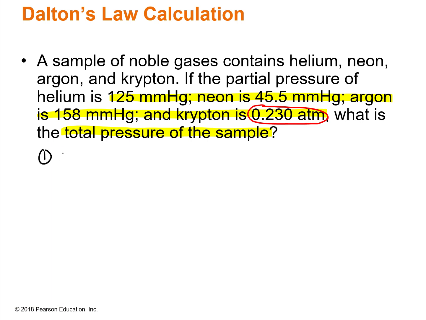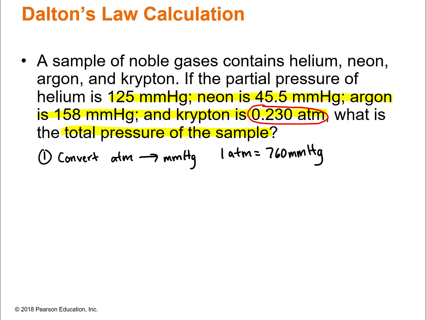So the first step, convert atmospheres to millimeters of mercury. And to do that, you need to know that 1 atmosphere is equal to 760 millimeters of mercury. And again, you'll have that information. I'm not going to ask you to memorize that.